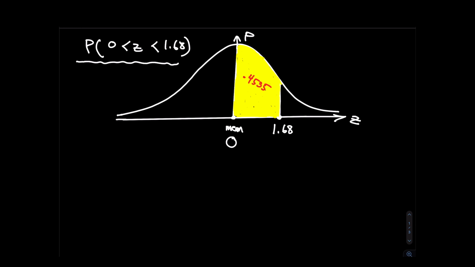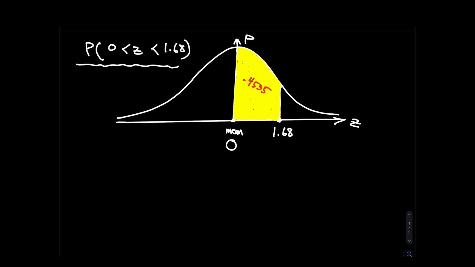What is the probability that z is between these two numbers? Basically, I'm looking for this yellow area. When someone says find the probability that z is between 0 and 1.68, they are asking you to find the area between 0 and 1.68 under a normal distribution, which is that yellow area. And let's say you found that to be 0.4535.